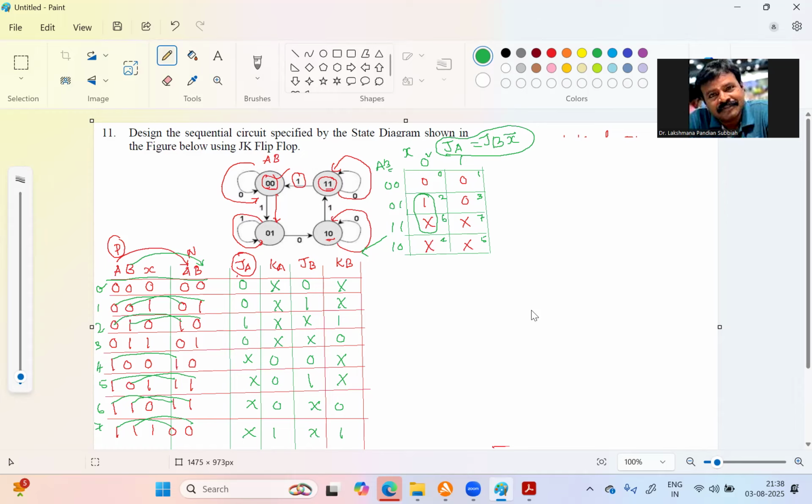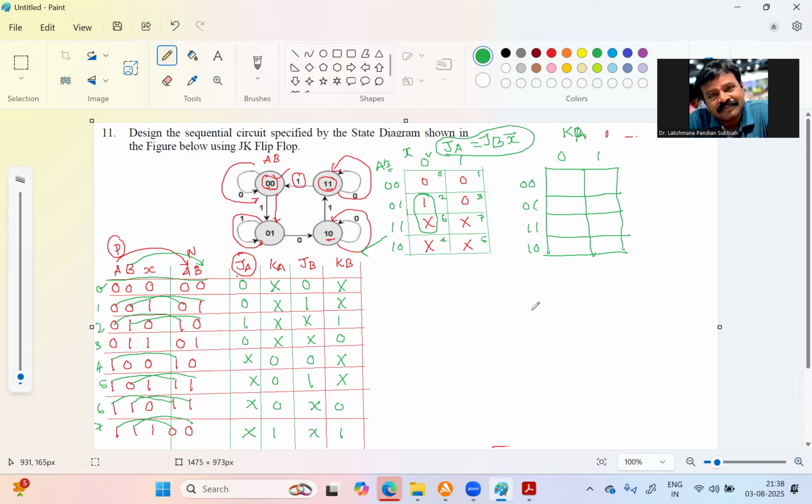Similarly, here you have to draw for JB. 0, 0, 0, 1, 1, 1, 1, 0, then X is 0, 1, right? So this is for KA.